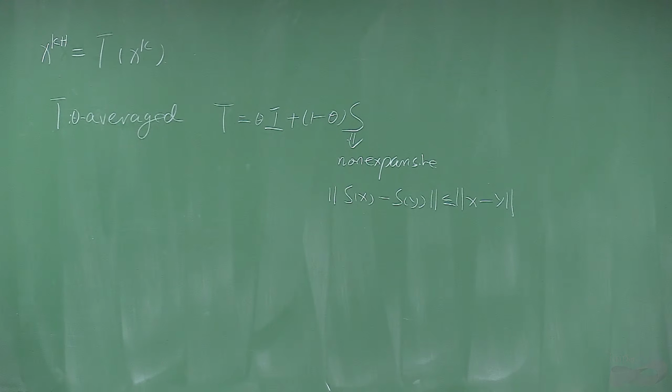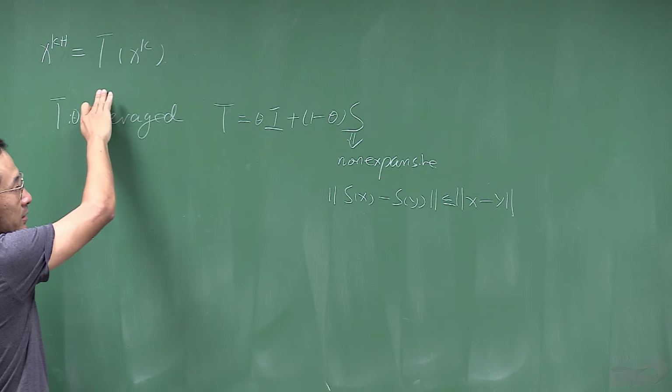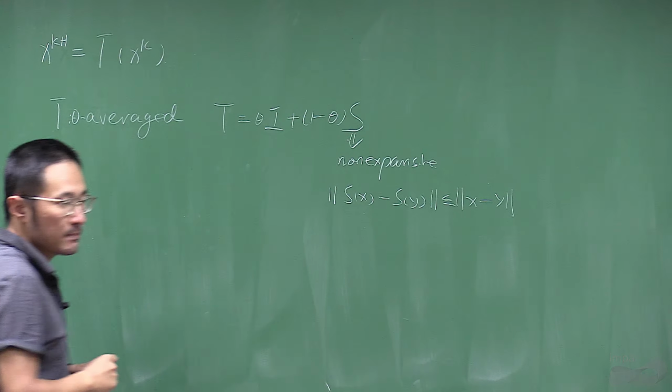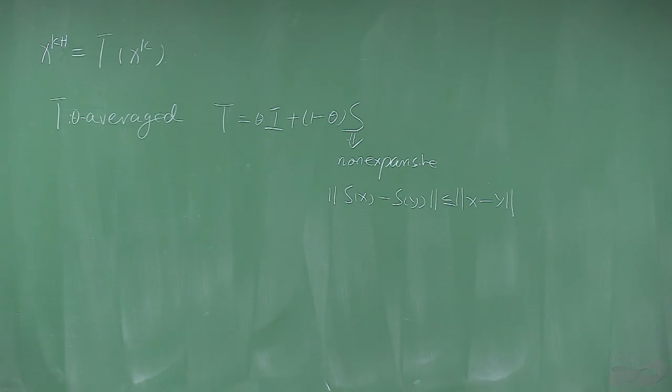The reason why we need to study averaged operators is that if you do the fixed point iteration with a non-expansive operator, it may diverge. Imagine a 90-degree rotation.